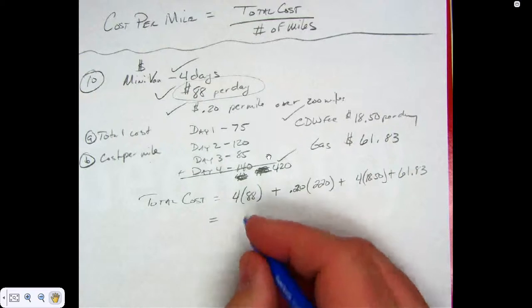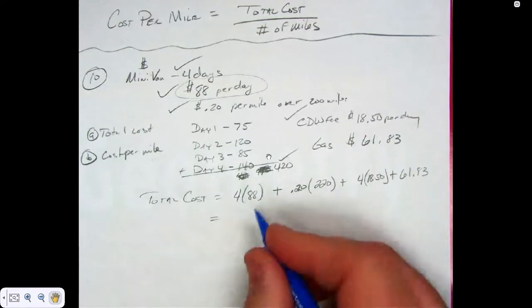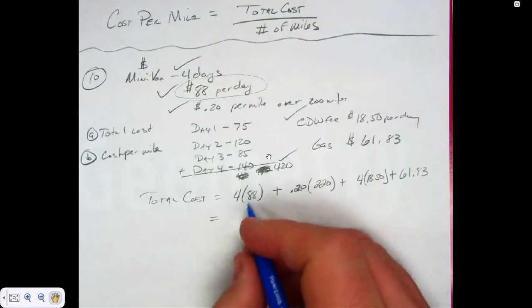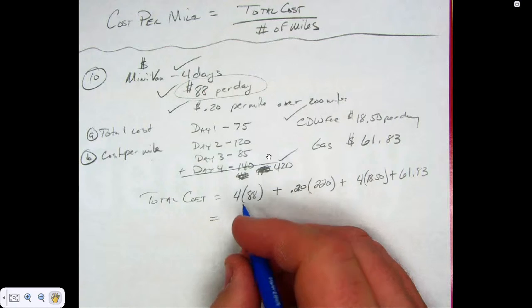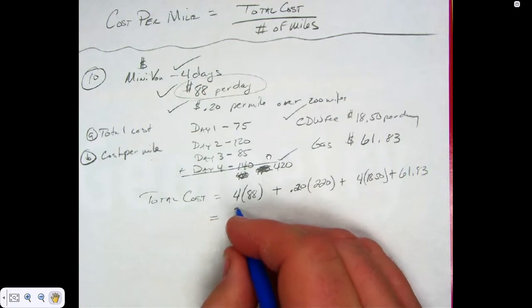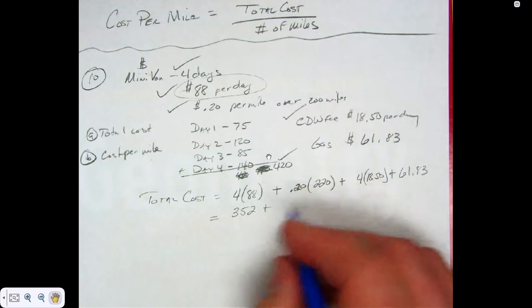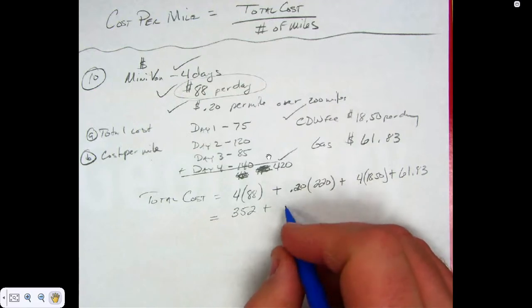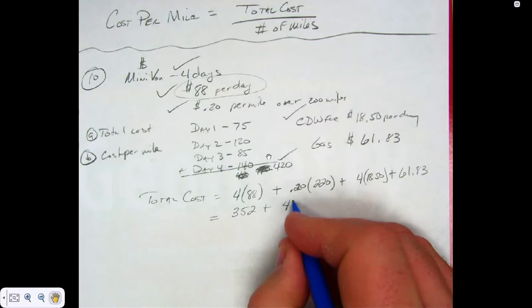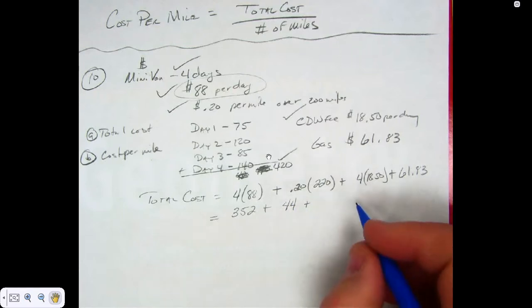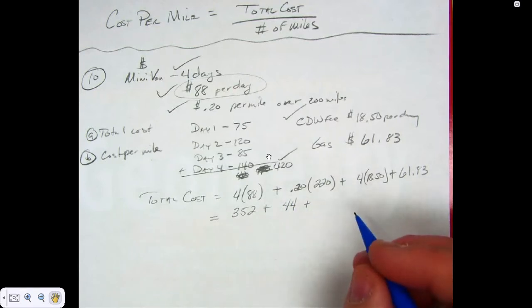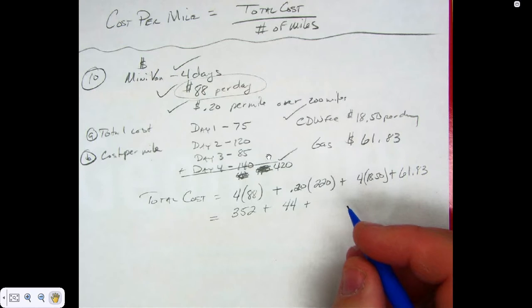What's 4 times 88? Chop chop. What do you get? 352. Plus, what is 0.20 times 220? 44. Plus, what is 4 times 18.50? 74.